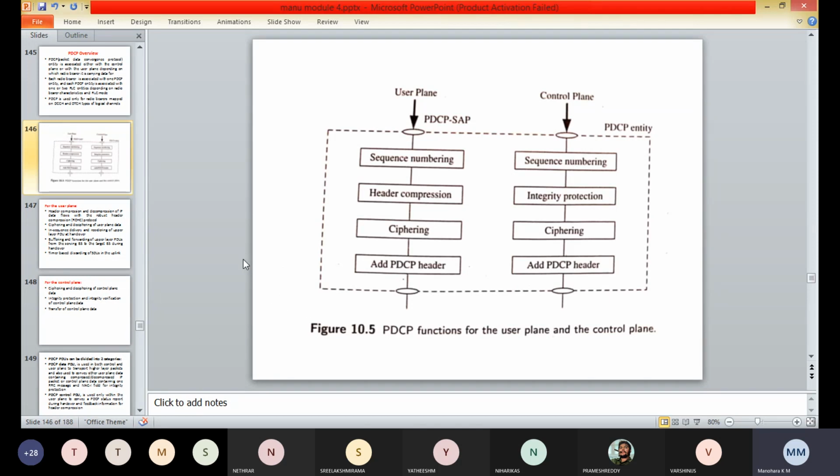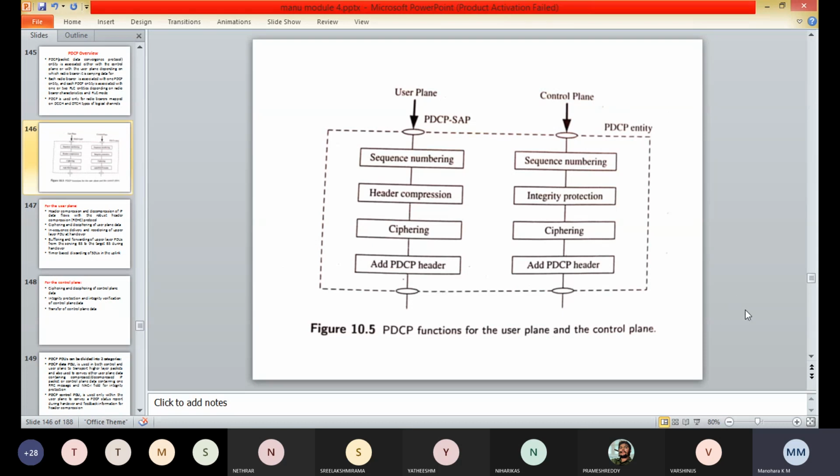Here the PDCP PDUs are divided into two categories. The first one is the PDCP data PDU and the second one is the PDCP control PDU. The PDCP data PDU is used in both the control and user plane to transport higher layer packets.